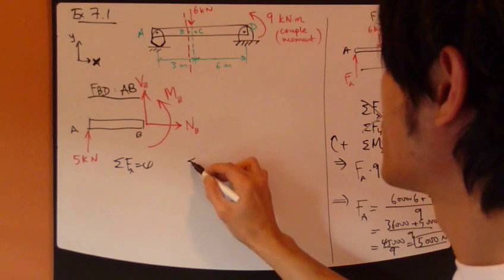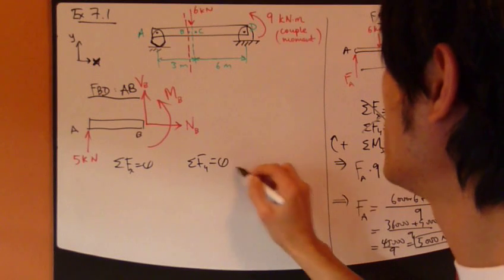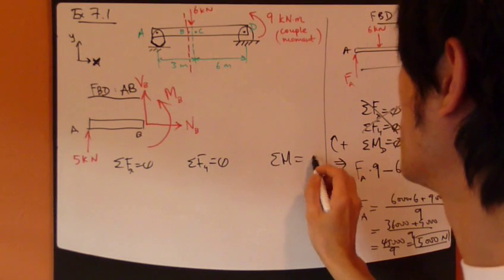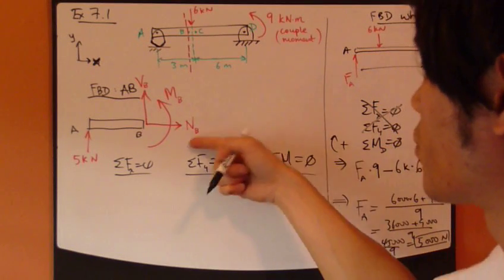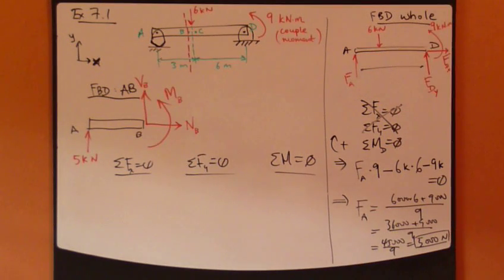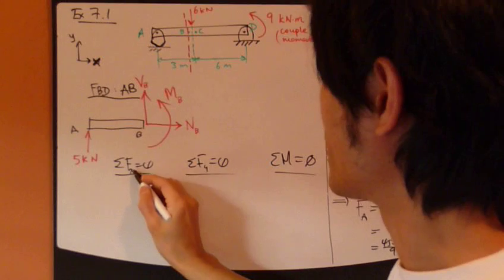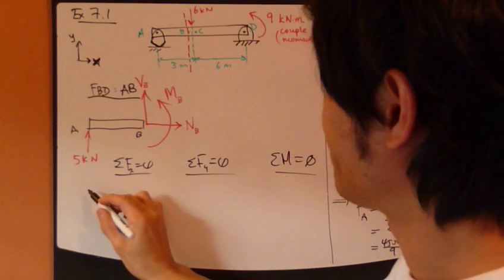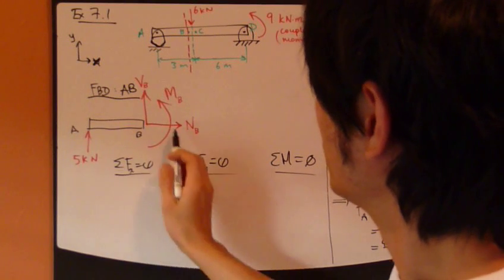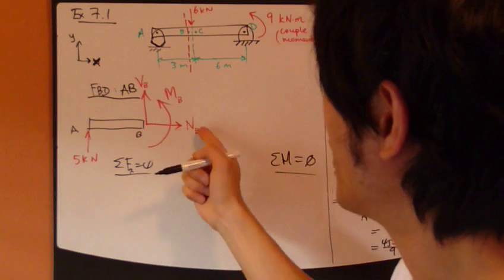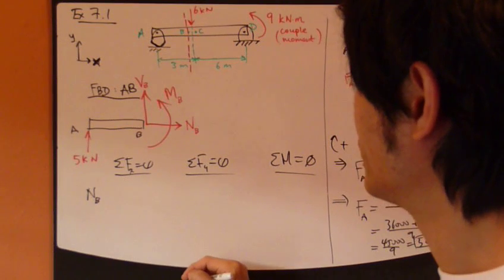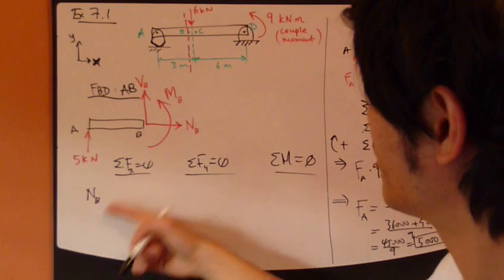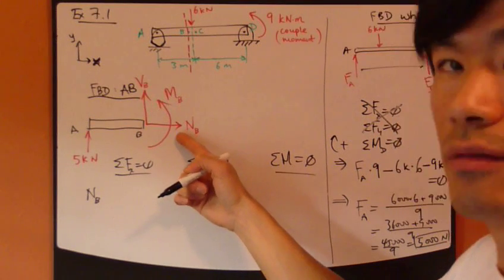Sum of forces in x equals 0. Sum of forces in y equals 0. Sum of moment equals 0. 3 equations, 3 unknowns, no problem. Right? So, first equation, sum of forces in x direction equals 0. Looking at this whole free body diagram, I have normal force or axial force at B. That's it.